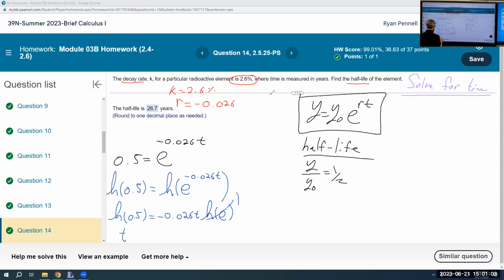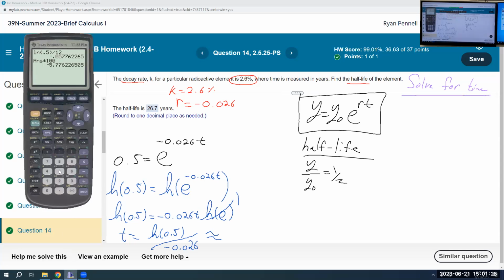So I find that t equals natural logarithm of 0.5 divided by negative 0.026. That should do it. My friend calculator. Approximation of that is natural logarithm of 0.5 over negative 0.026, about 26.7 years.